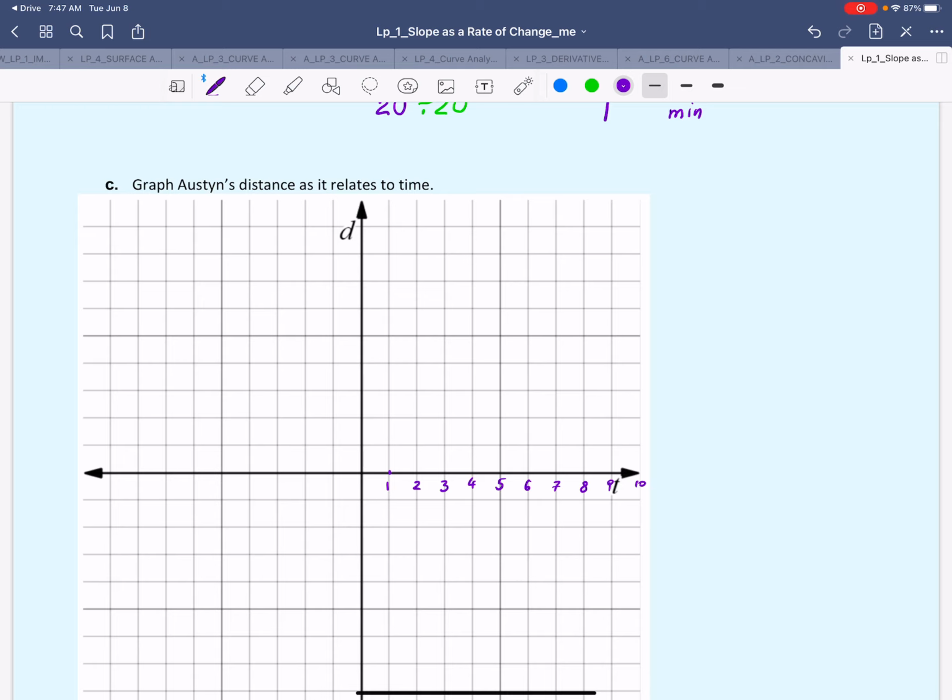So I would go 75 here, 150 here, 225 in here, and then here we go, 300, 375, and so on. So every minute he will go an extra 75 meters. It makes it easier for me to graph as well. We can continue scaling this, and here goes the line. Now remember that we are going to start the line at 0.